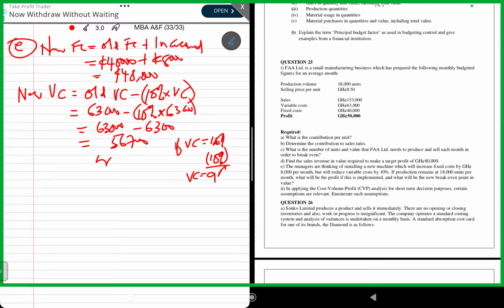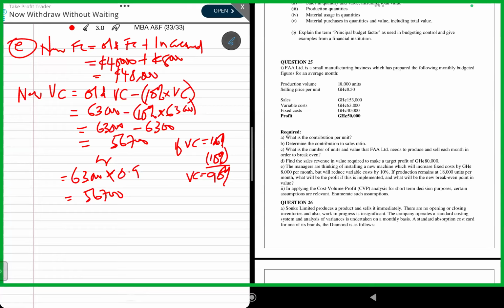So I'll just say 63,000 times 0.9, which is the same as 90%. What do we have? The same thing, 56,700. That's easier, because it will reduce.